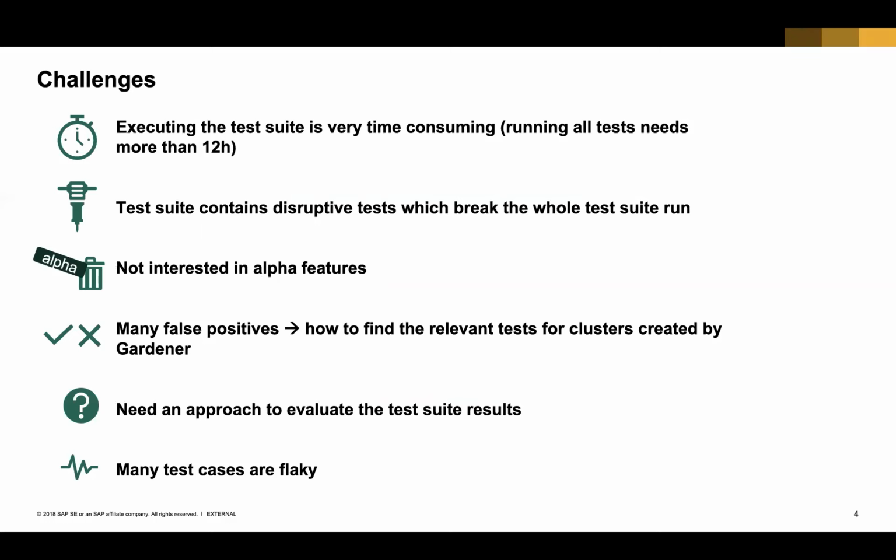And also there are alpha feature tests contained, which we are not interested in, and many false positive tests, where we need to find the relevant tests for our Gardener created clusters.